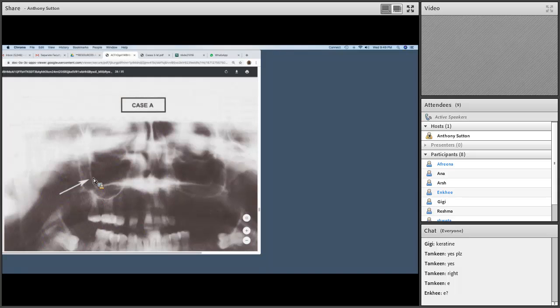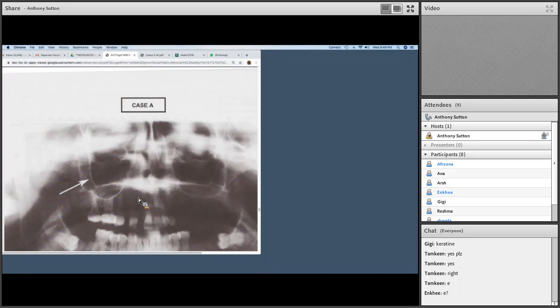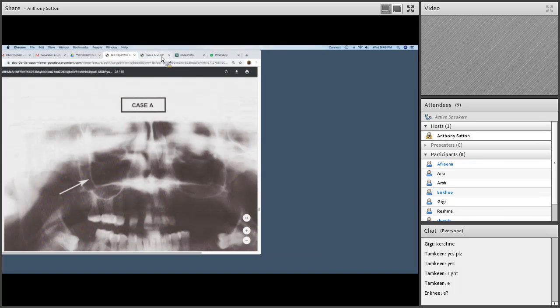Drawing a line here to here. It's hard to tell if they're pointing to the floor of the sinus or the zygomatic process of the arch, I'm sorry, of the right side. I'm going to say that that's the zygomatic process that they're pointing to. Does look like maybe a distorted image.